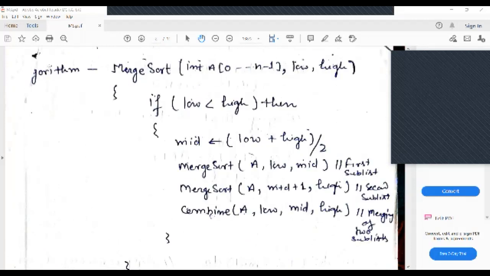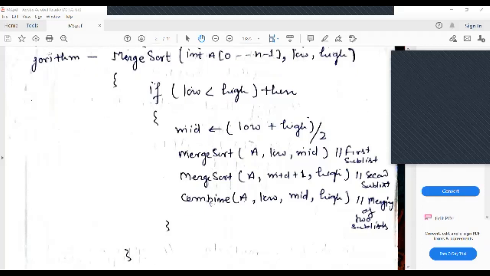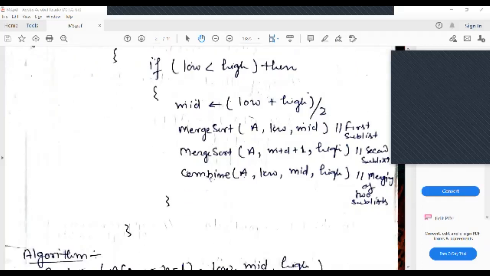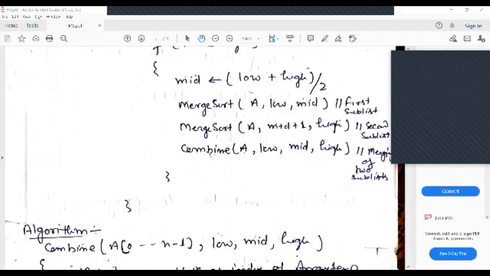It just first checks if low is less than high, then calculates the mid, and accordingly calls itself for the first half and second half, that is low and mid, and then mid plus 1 and high. Then at each successive call, combine is called, and combine is the important procedure, as I already told you. So we must understand how combine works.